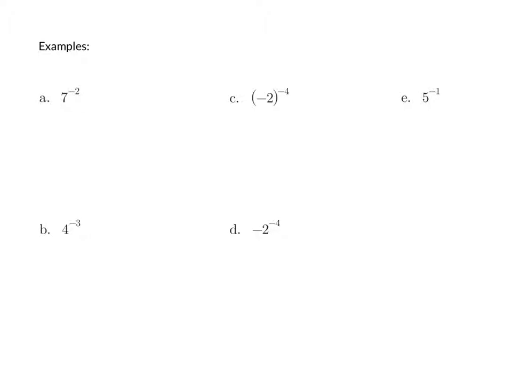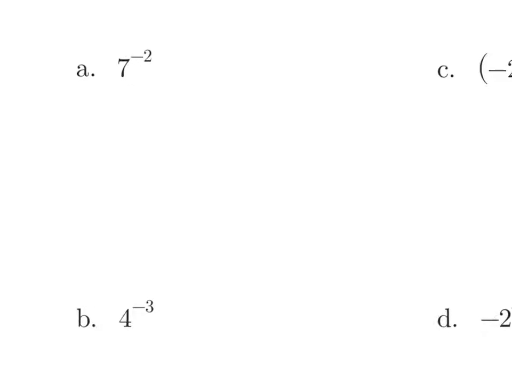So let's go ahead and look at some examples. These are some very basic ones. If we start with example A, we have 7 to the negative 2. So the first thing that I want to do is, as I mentioned, I'm going to do this in 2 steps. I'm going to take care of the negative by flipping this.